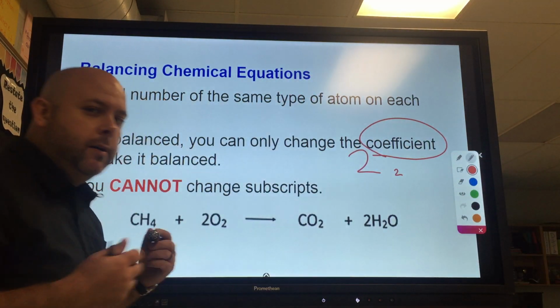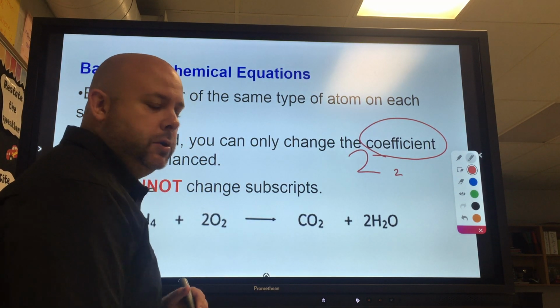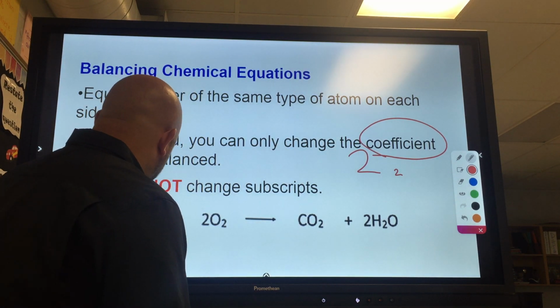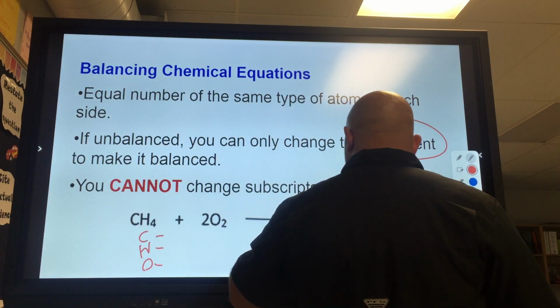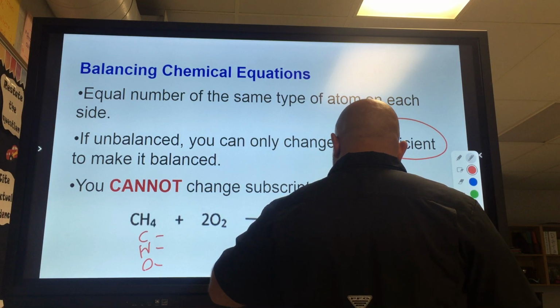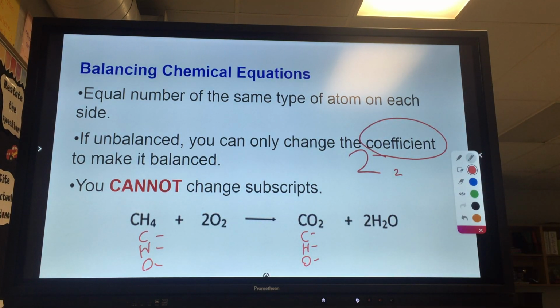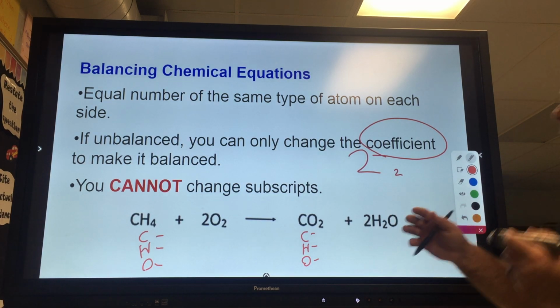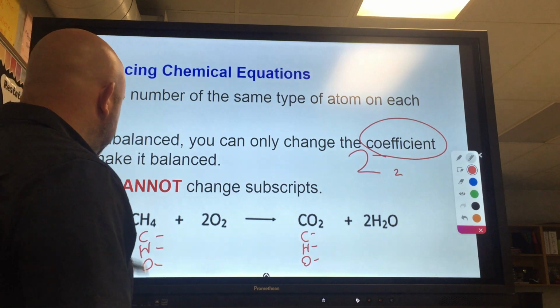So the way you balance a chemical equation is, first off, you identify the elements you have in the equation. We have carbon, we have hydrogen, and we have oxygen. We've got to have those on both sides. Carbon, hydrogen, oxygen. Why? Because one side has those, so the other one has to have it as well. So now we go through and count how many atoms of them there are.